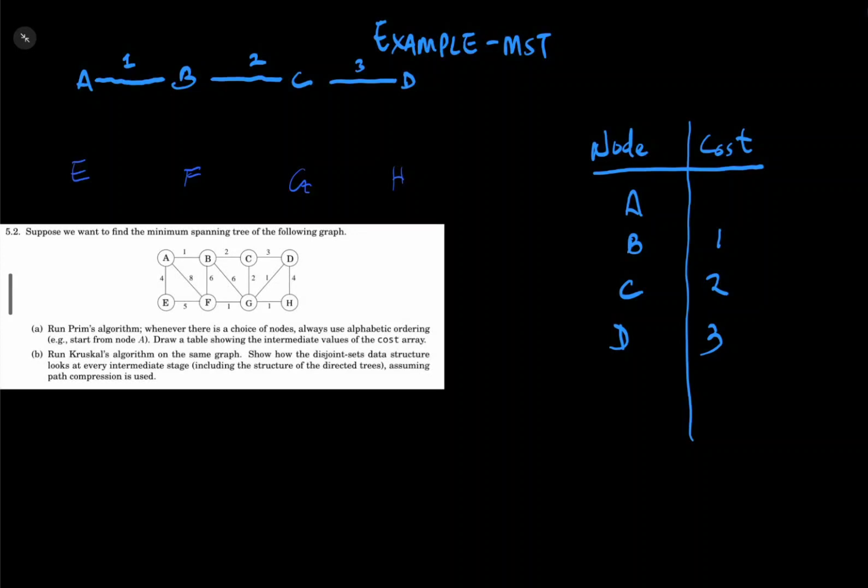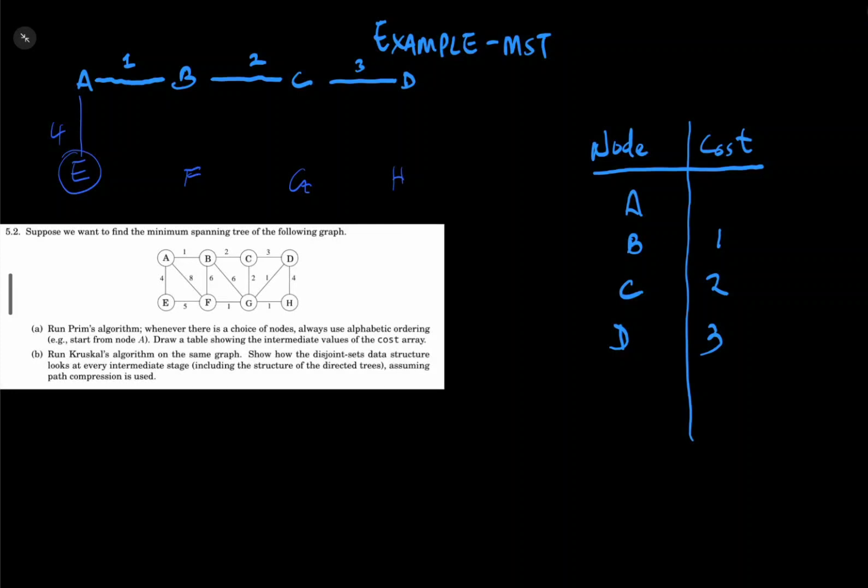Let's start from this point again, since we are going in alphabetical order. We have from A to E, that's the cheapest. You have 4, since we are moving in alphabetical order.